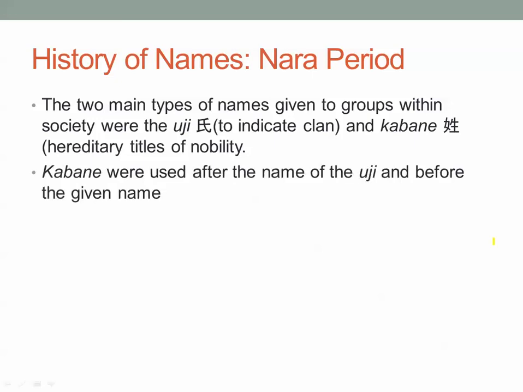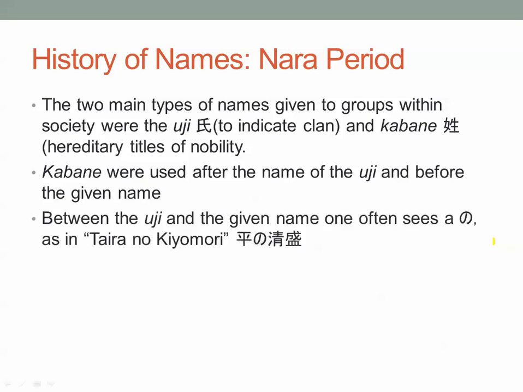Kabane were used after the name of the uji and before the given name. Between the uji and the given name, one often sees a no, as in Taira no Kiyomori. Okay, there's that Taira name that we were just looking at, and you should be familiar with Taira no Kiyomori, because Taira no Kiyomori was the wonderful villain from the Tale of the Heike.